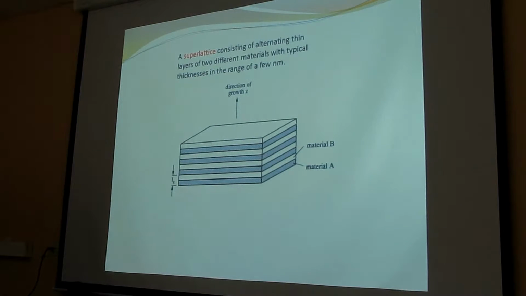So what you produce if you grow, for example, 10 nanometers of gallium arsenide and 10 nanometers of gallium aluminium arsenide on top of each other by molecular beam epitaxy, atomic layer epitaxy, metal-organic chemical vapor deposition or other techniques, is a new artificial periodicity in this direction. And this new artificial periodicity means that your first Brillouin zone gets smaller.